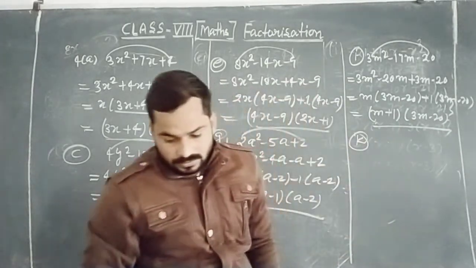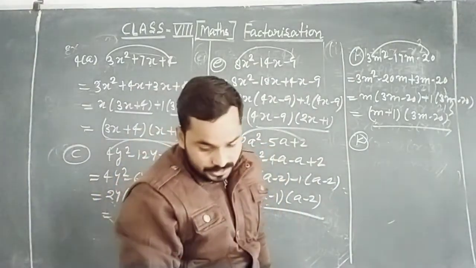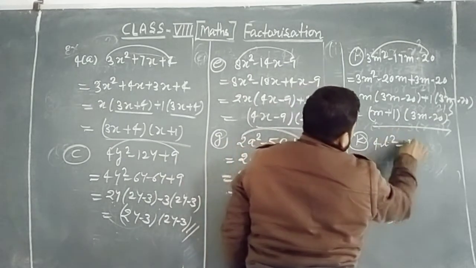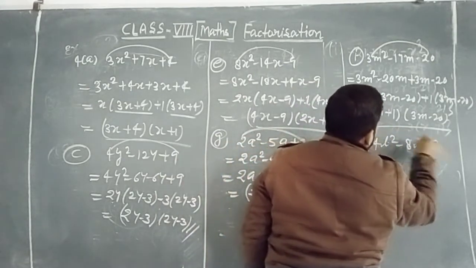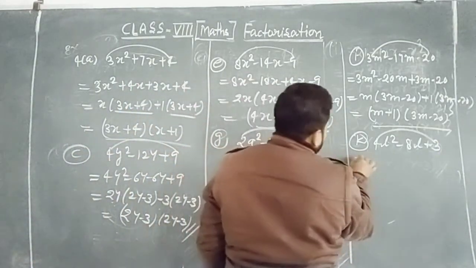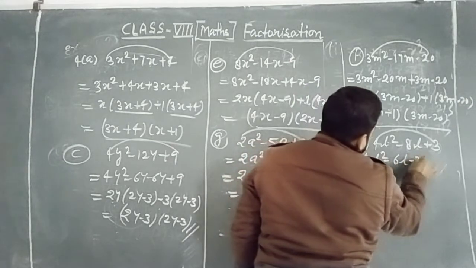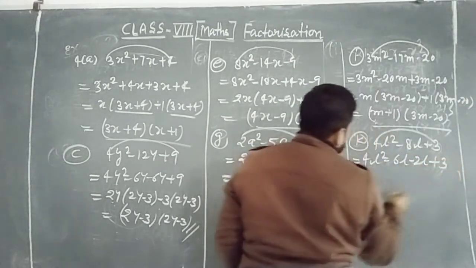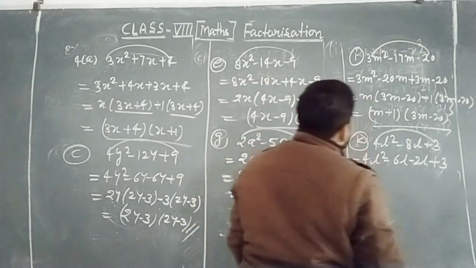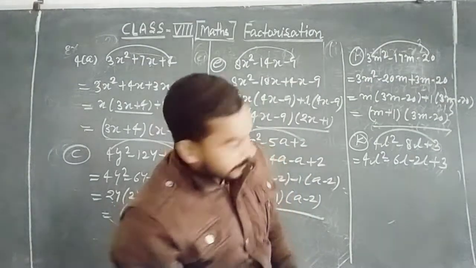Next, K part, 4l square minus 8l plus 3. 4 times 3 is 12, and 6 times 2 is 12. So 4l square minus 6l minus 2l plus 3.